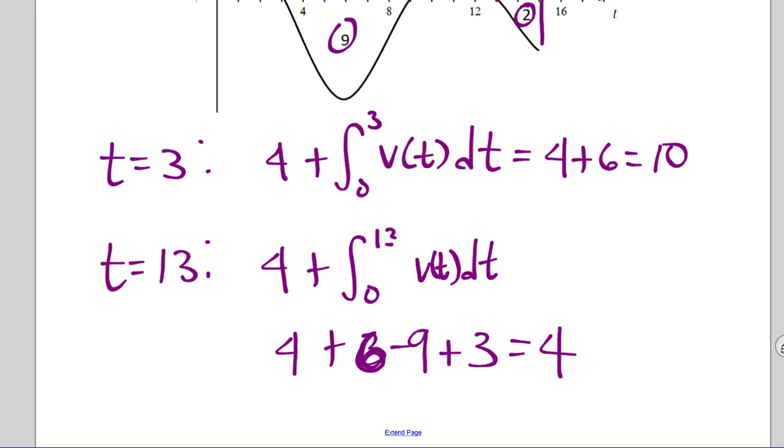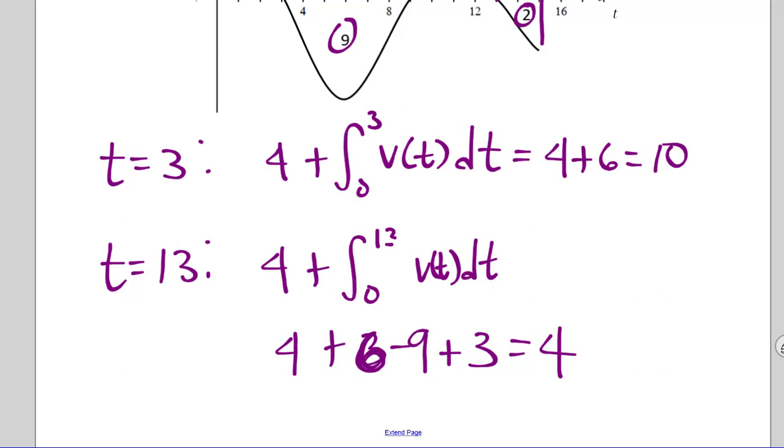So the answer to the question is, when is the particle farthest to the right? We're going to say that happens at time equals 3. The reason we can say that is because the velocity is greater than 0 for those two intervals.